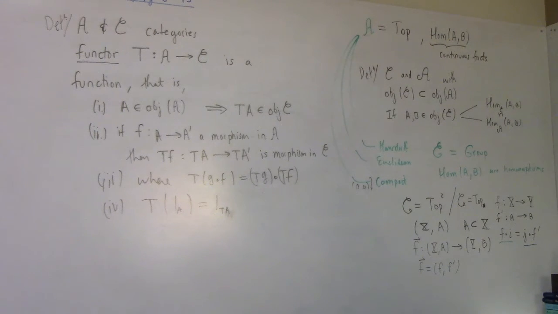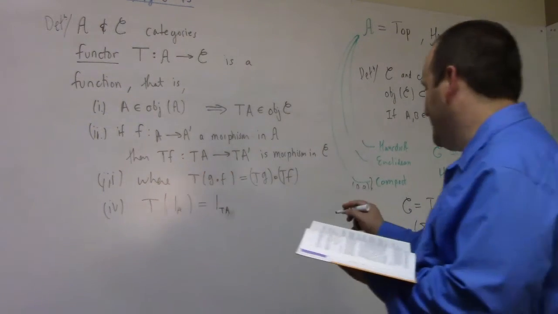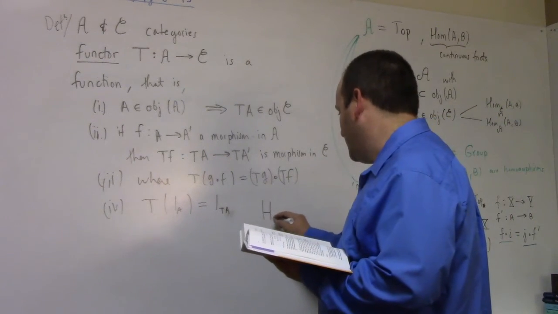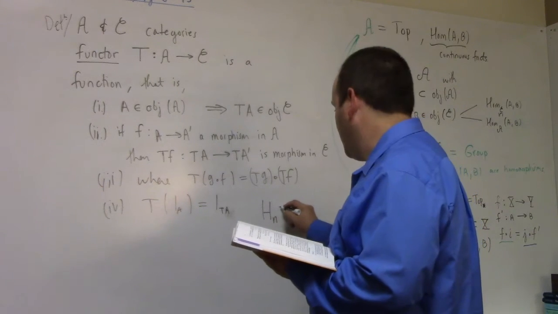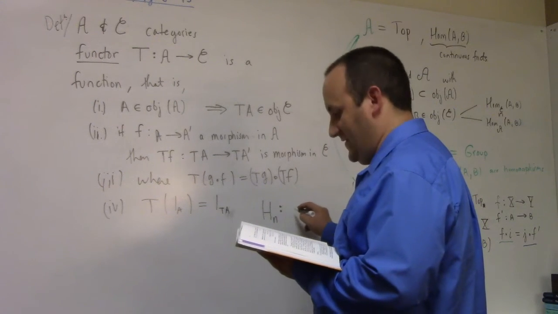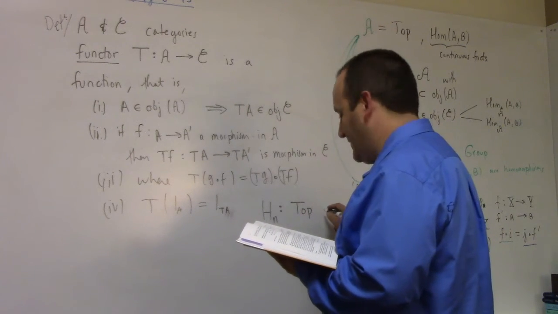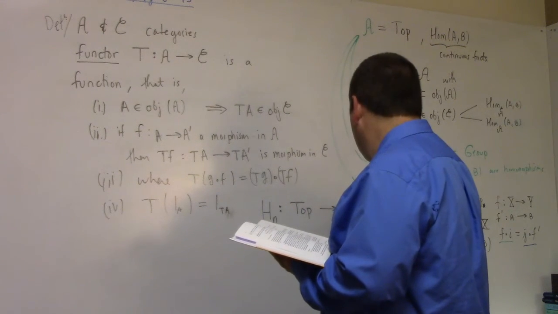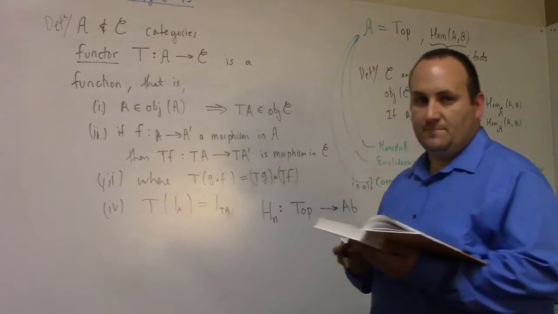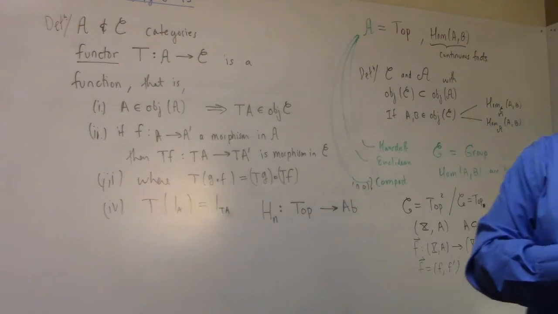For each n greater than 0, we shall construct a functor h sub n from Top to Ab. So in terms of the notation just introduced, hn is a functor, but it's also a function from the category of topological spaces to the category of abelian groups. So that's what we did last time.